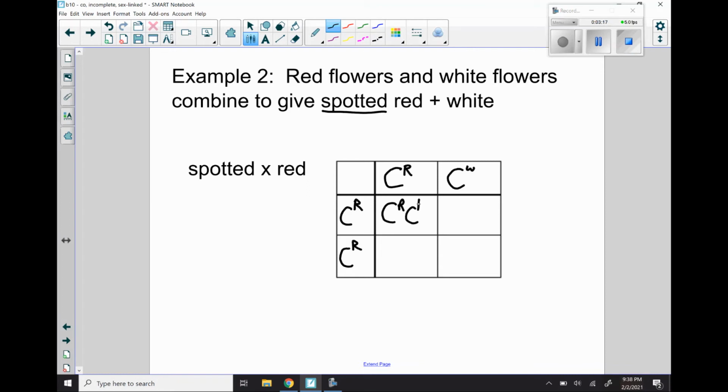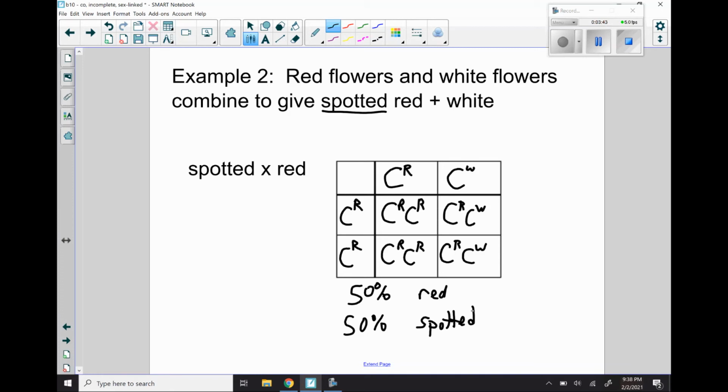And then I do my Punnett square the same way. And in this case, I have 50% of the offspring plants are red and 50% are spotted. I can make out both red and white on the plant leaves.